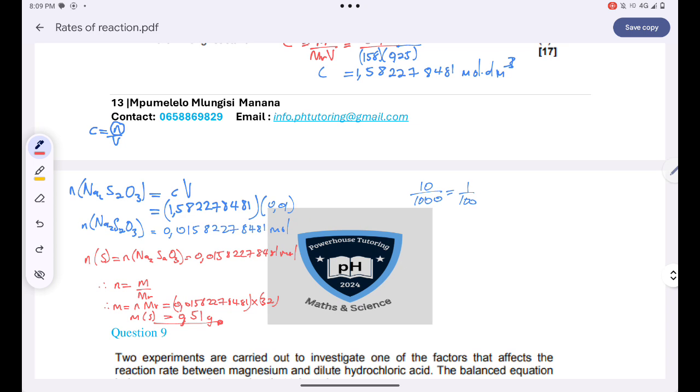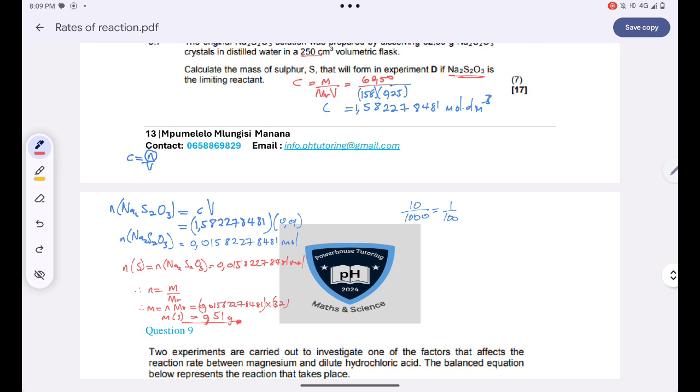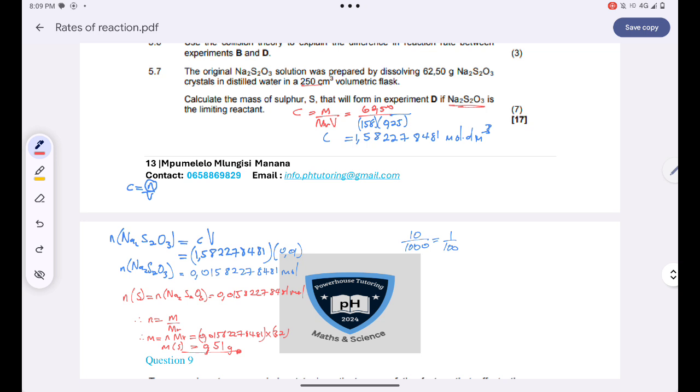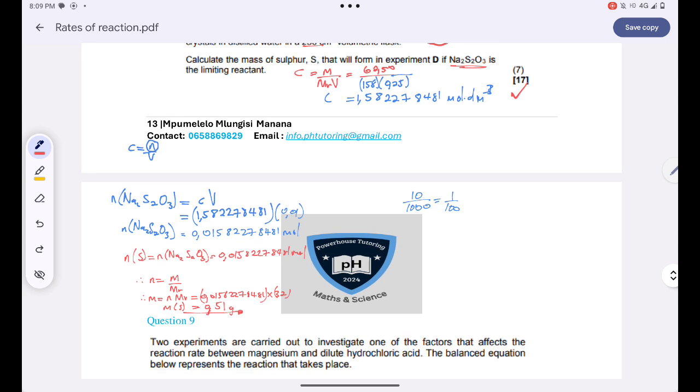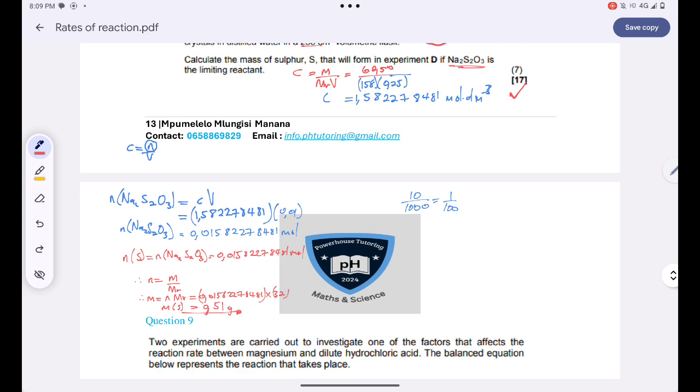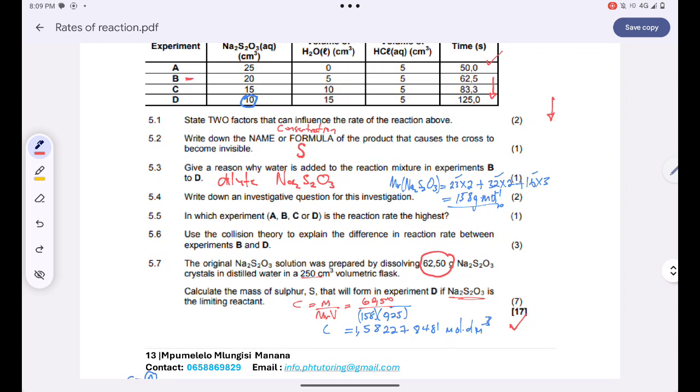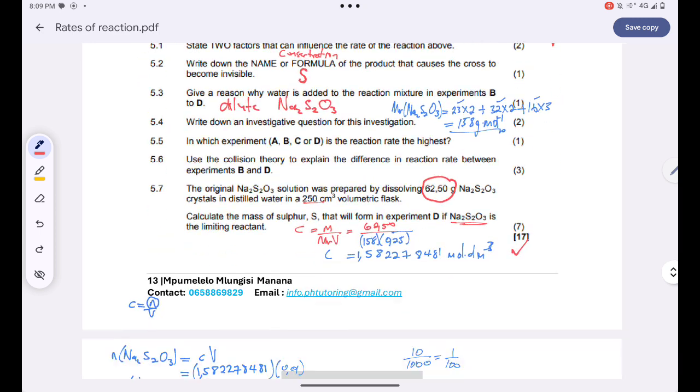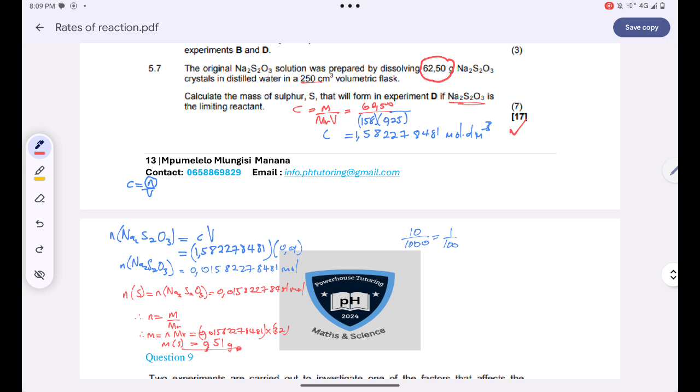Let's go back. Firstly, I calculated the initial concentration of my sodium thiosulfate. Are you together? Remember that I was given 62.5 grams, as well as the 250 cubic centimeters. And then I calculated the concentration of my sodium thiosulfate. After finding the concentration, I then calculated the number of moles that were used in reaction D. I used the same concentration I found there to find the number of moles.